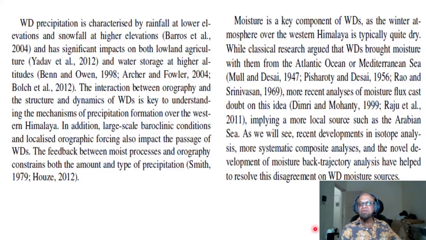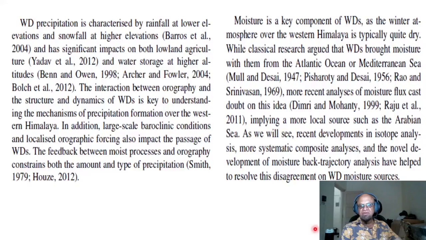Moisture is a key component of WDs, as the winter atmosphere over the western Himalaya is typically quite dry. While classical research argued that WDs brought moisture with them from the Atlantic or the Mediterranean Sea, more recent analysis of moisture flux cast doubt on this idea, implying a more local source such as the Arabian Sea.